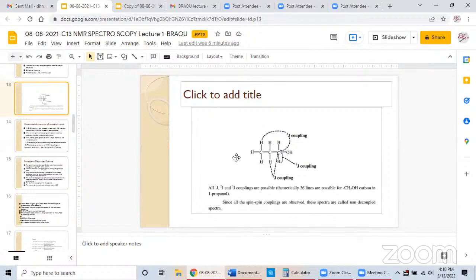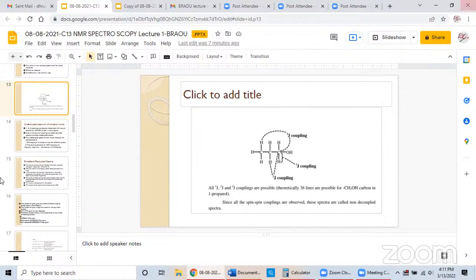Since we are not going to take C13 NMR of simple molecules, we are not going to use undecoupled spectra often. We can use it only where the number of other magnetic nuclei or hydrogens in the molecule is less, so that the number of signals will be less.